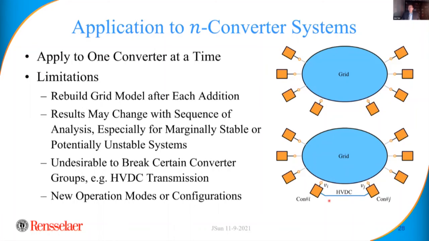We may also have additional connections between converters, like HVDC, where we really want to look at the two converters together instead of one converter at a time. Then you have difficulty breaking up this system. So this is the inconvenience when we try to apply the existing single input, single output model to the converter-based power system. So we clearly need to extend the theory.